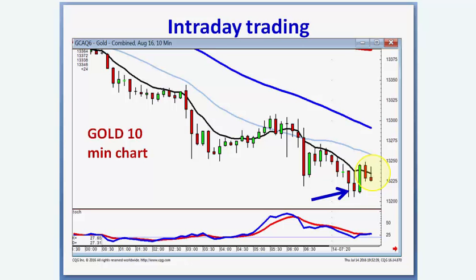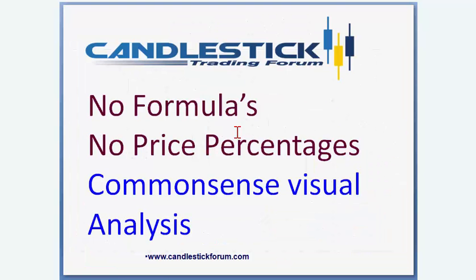So the nice thing about candlestick stop losses is you don't have to worry about formulas. You don't have to worry about price percentages. Remember, very simple rule of the market. The market doesn't give a hoot where you bought. Market doesn't give a hoot what formula you come up with for getting out. The market is going to tell you when the uptrend is still in progress and when the bears are in control.